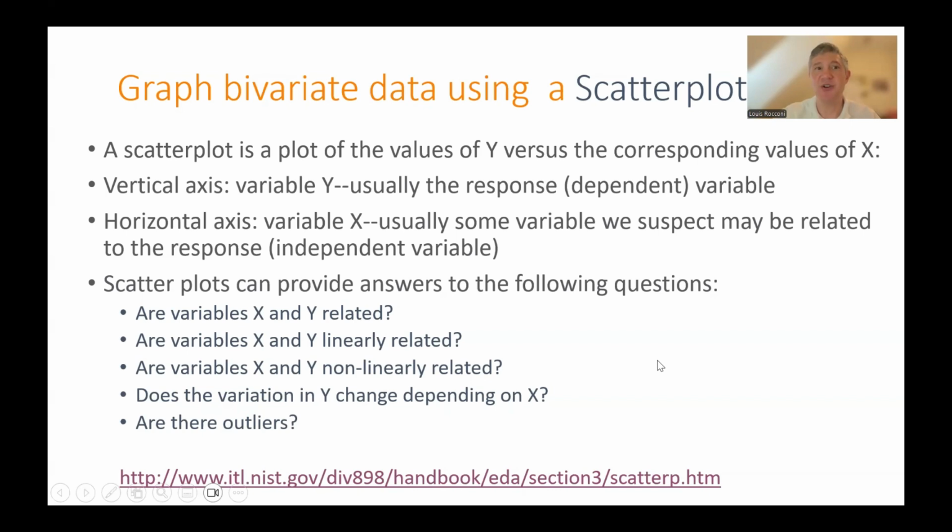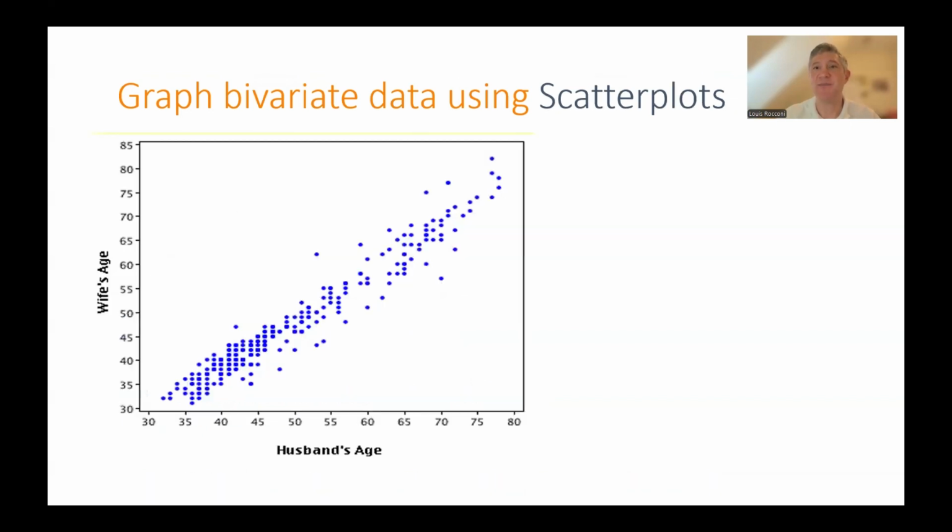Let's take a look at this scatter plot. Here we have wife's age and husband's age. A couple of things we can tell from this graph: it looks like there's a nice linear relationship, right?